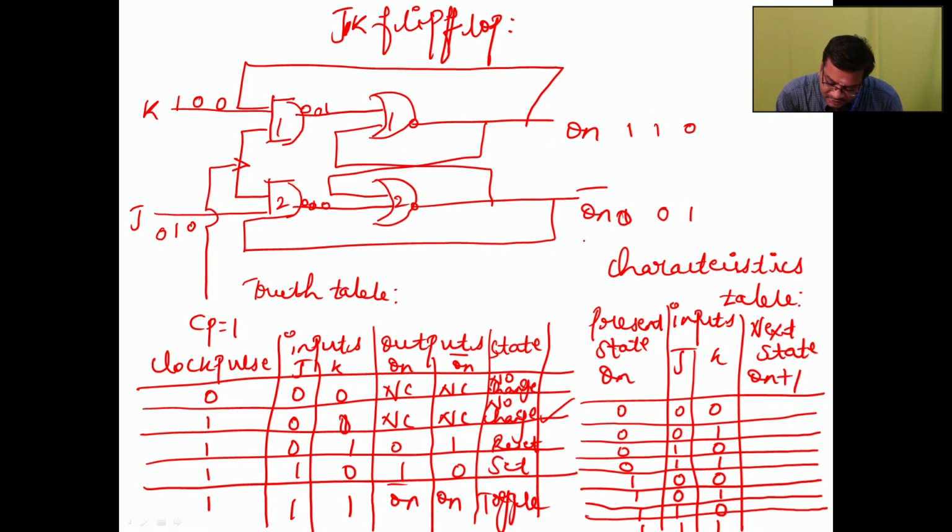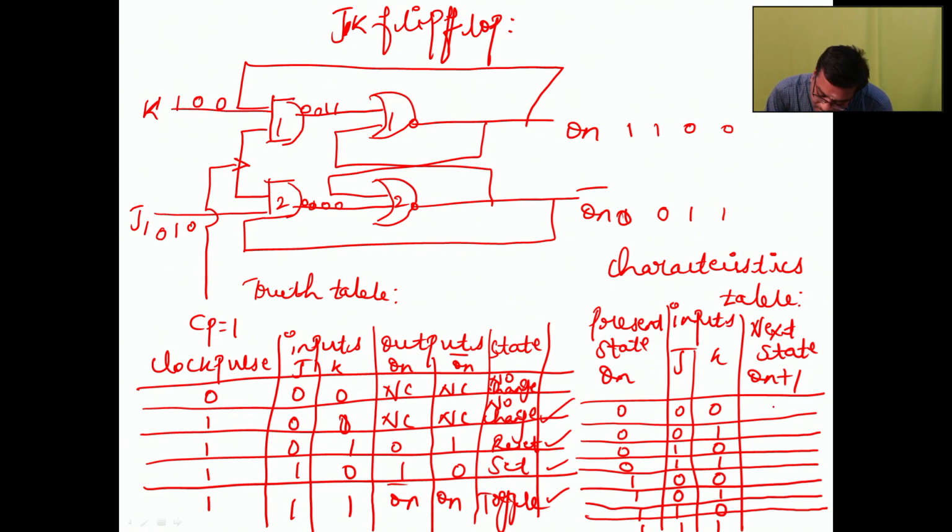So we are giving high value to K, we got 0 here. With 1, 1, the output is 1 and the other output is 0. Again 0, 1. So in Q we are getting Q bar, and in Q bar we are getting Q. So, toggle.